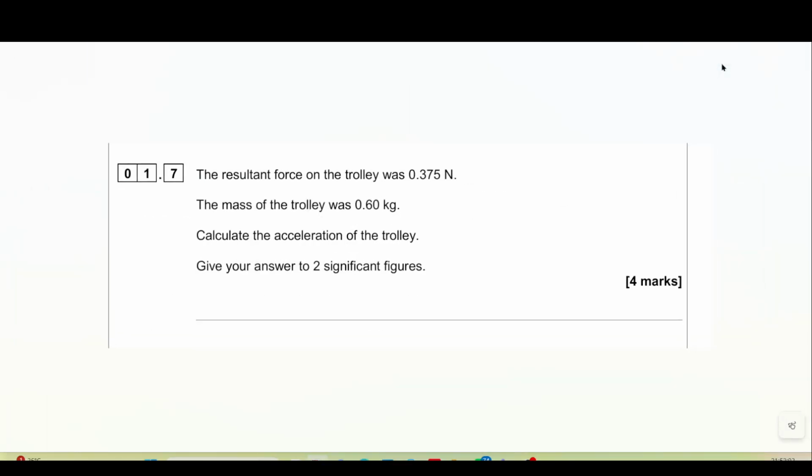Force is equal to... Acceleration, mass, and resultant force. So a, m and F. F equals ma. Yes, that's correct. F equals ma.